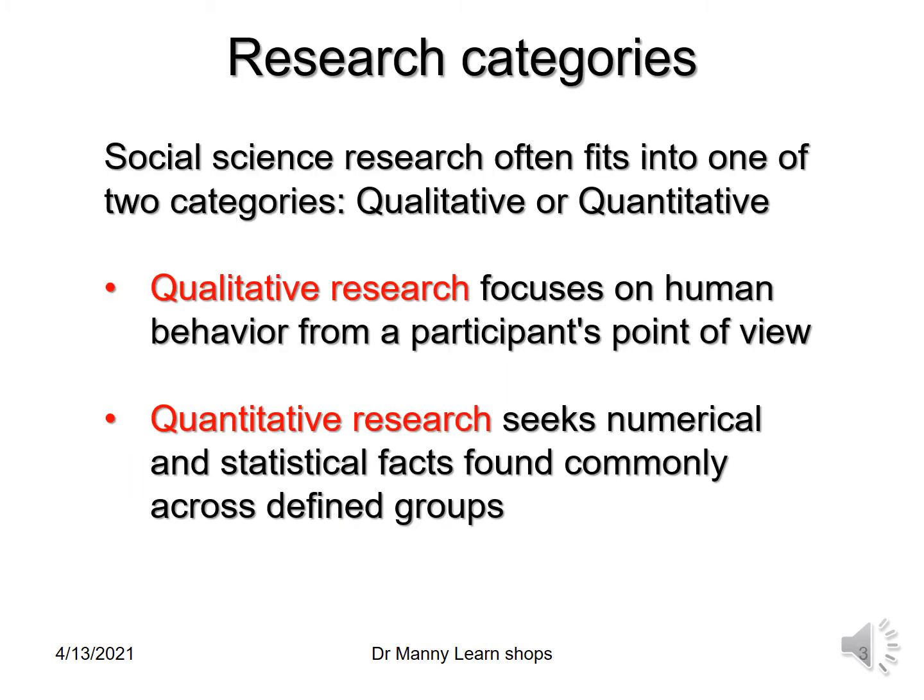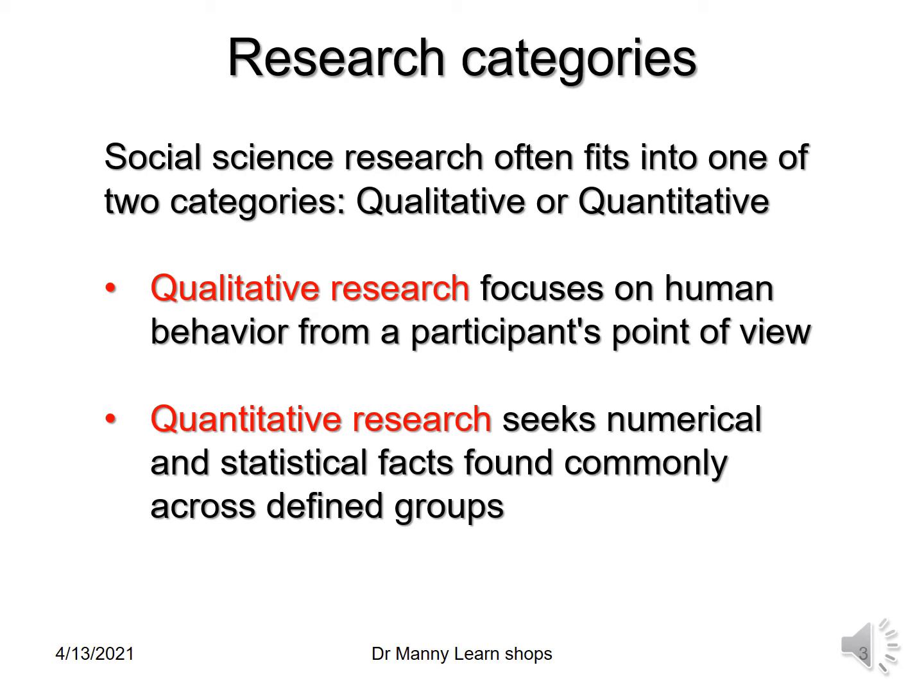Let's just reflect and review. Research categories. Social science research often fits into one of two categories. It's either qualitative or quantitative. You're doing qualitative research in this course.